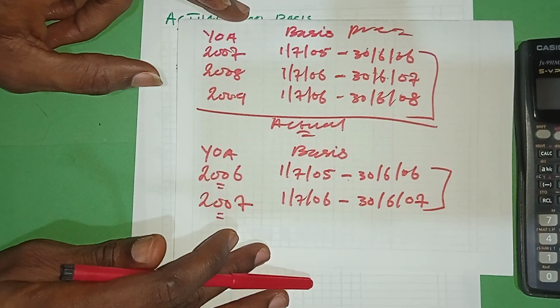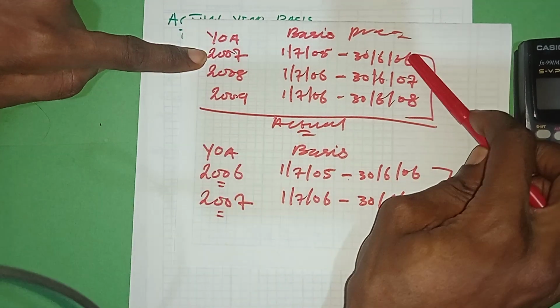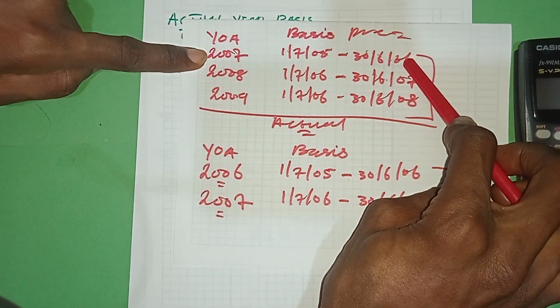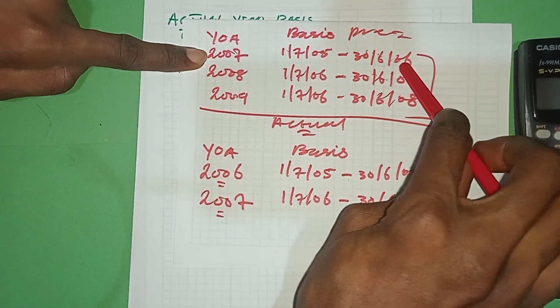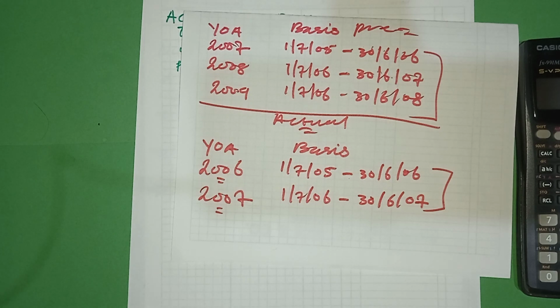Whereas with preceding year basis, your year of assessment must be higher than the year they made up their accounts. Hope it is clear. Is there any question? Please ask your question in the comment section. Ask your question. I would like to attend to your question.